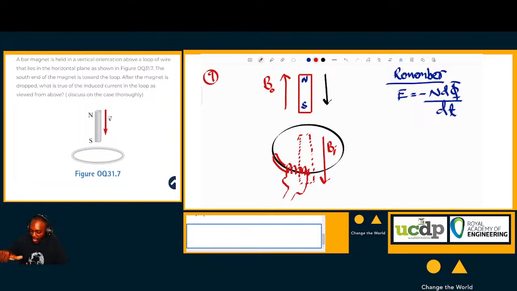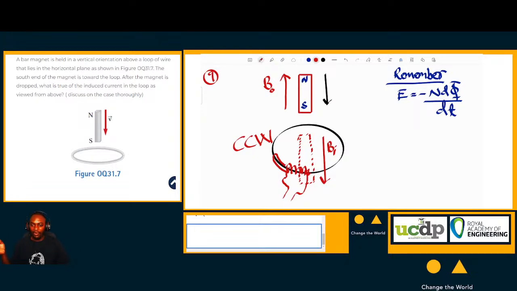You see that the thumb will point in a clockwise direction, which means the direction of the induced current will be in a clockwise direction. So basically that is how you would identify the true direction of the induced current.